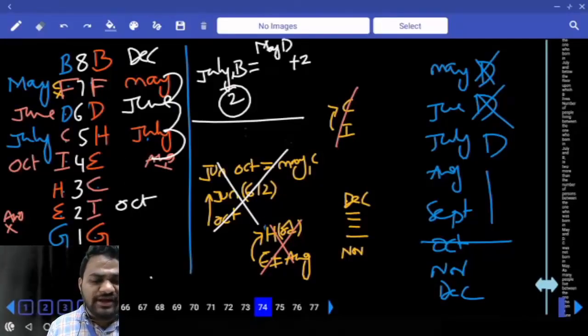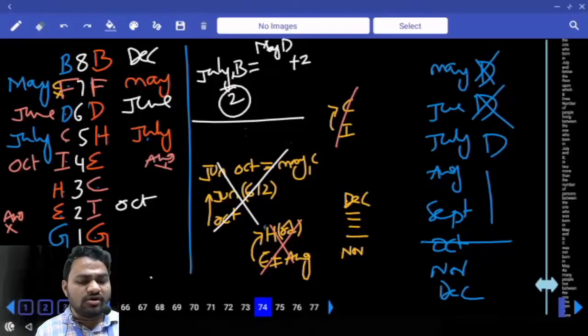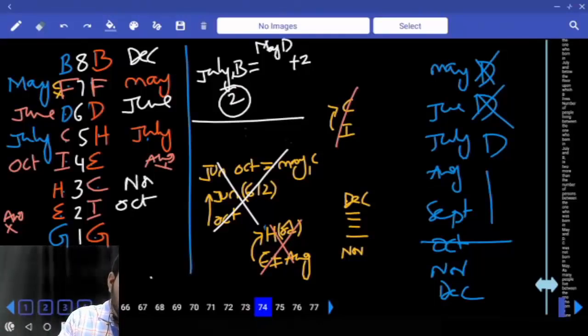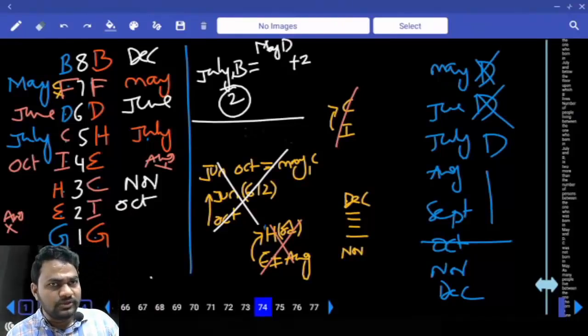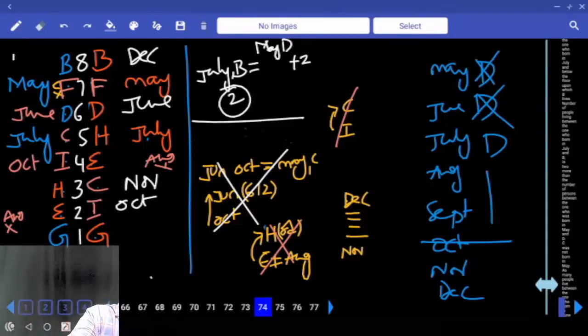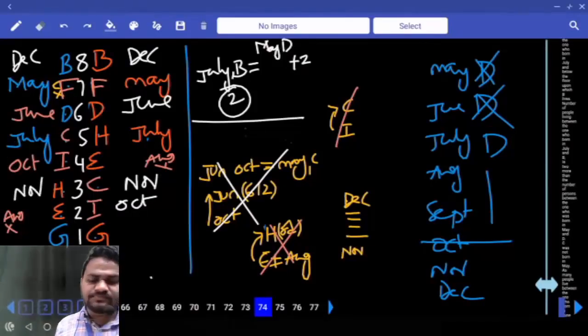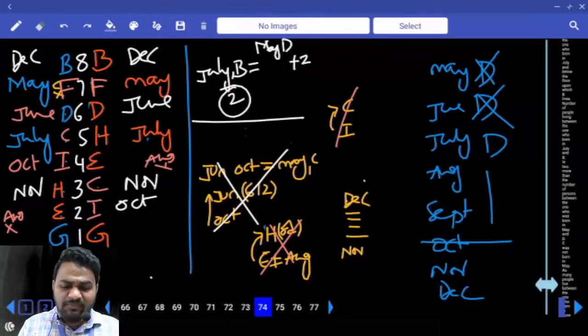No. Then definitely December should be on the 8th floor, and then it is the place for November here. The left side possibility looks the same. If you place December here, 4 floors, 1, 2, 3 floors, and then it is the place for November.